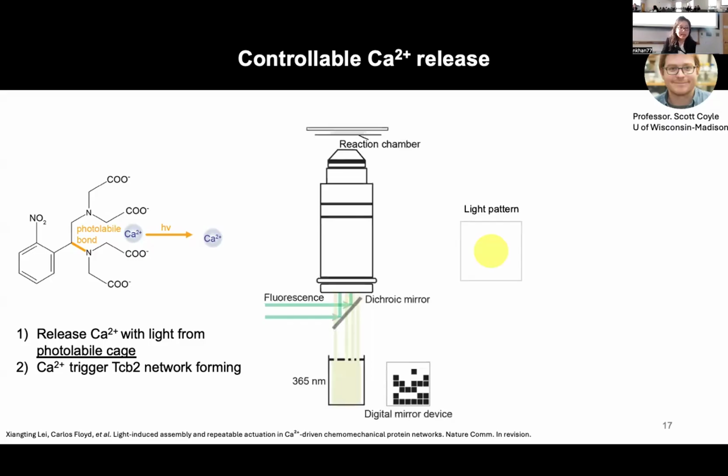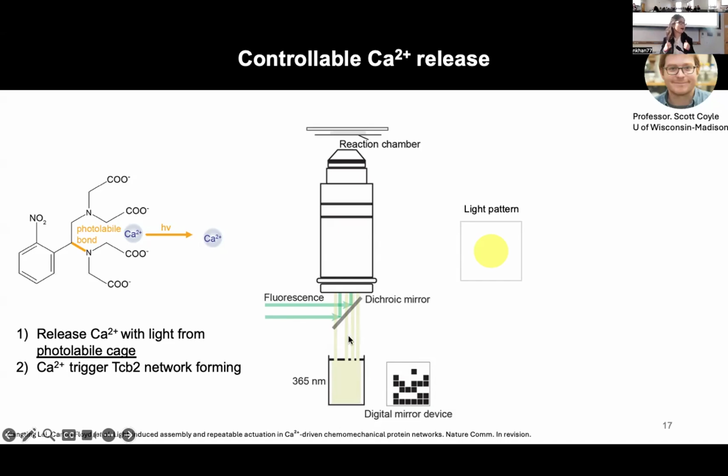I'd like to give an example of how I do this. This is a setup I built back in 2020. We mounted a device called a digital micromirror device. You can think of it as just a projector you mount onto the microscope. We also included one dichroic mirror in the system.